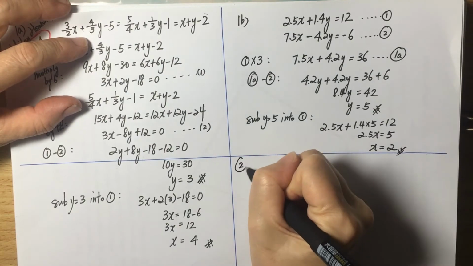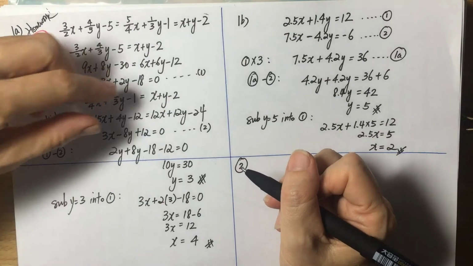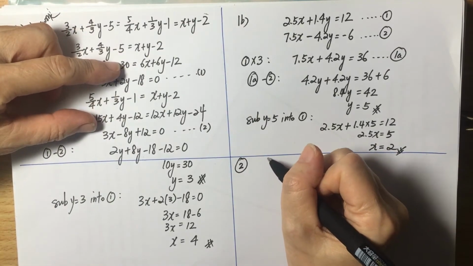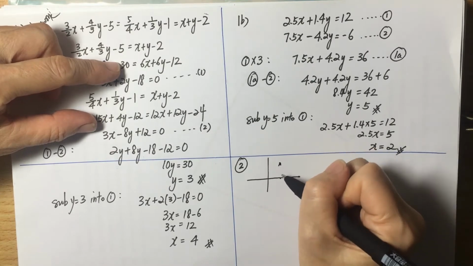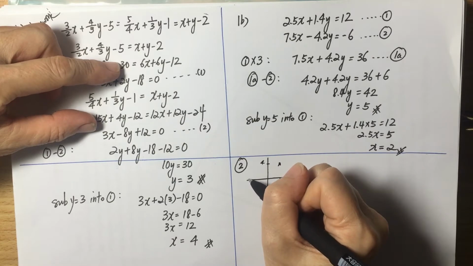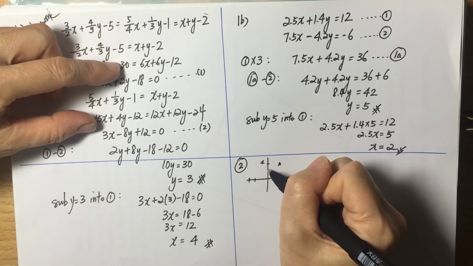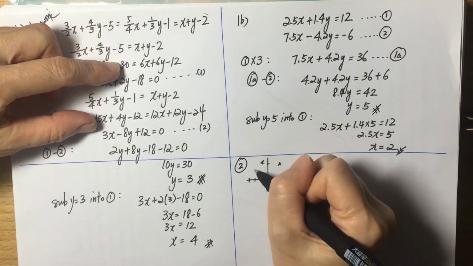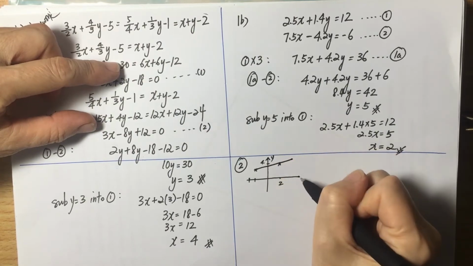Question 3. I need to draw a line that passes through the point A and B. So A is the point 2, 4, and B is the point negative 2, 3. So I'm getting a straight line like this.